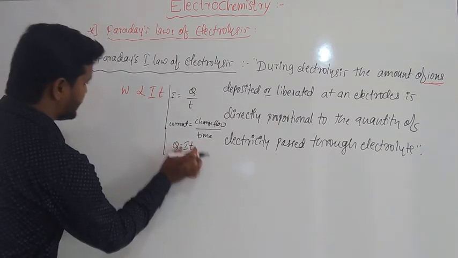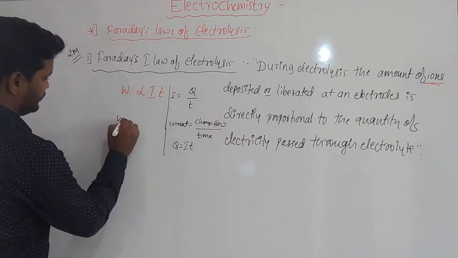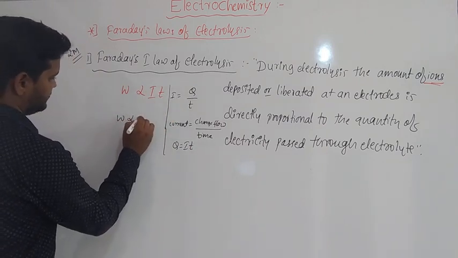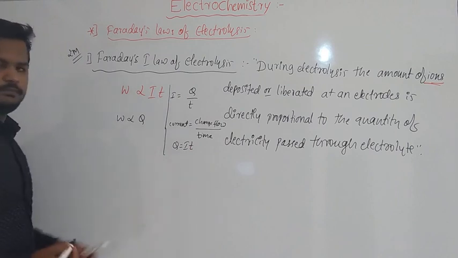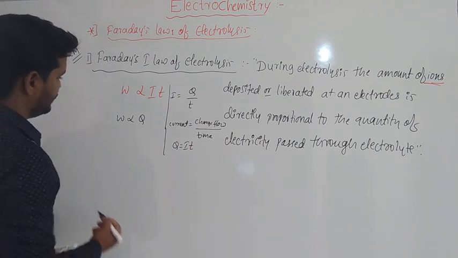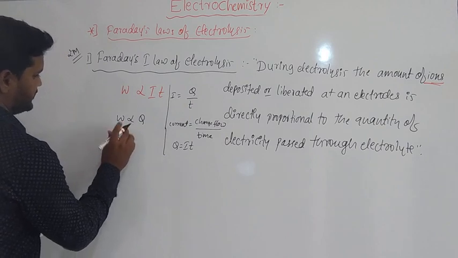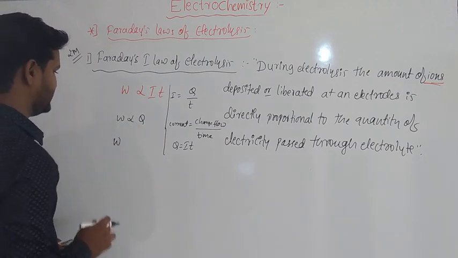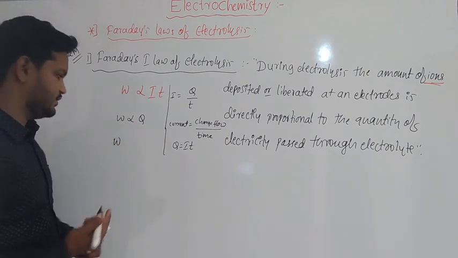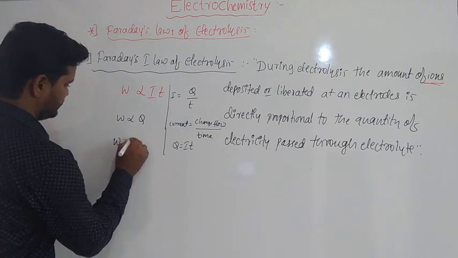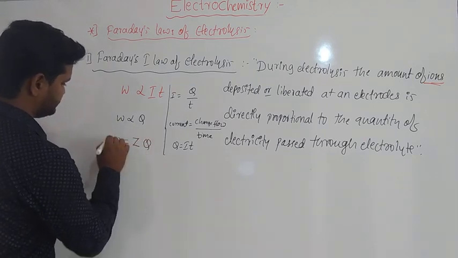Just substitute this value in this one. W is directly proportional to Q. And just remove this directly proportional sign and you will get a proportionality constant. W is equal to ZQ.